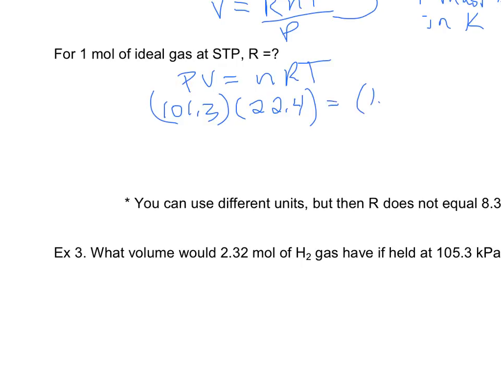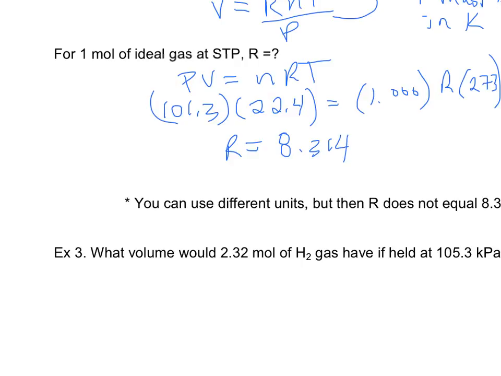By definition, I have a 1 mole sample. Let's get lots of sig digs on this, so we'll put 1.000. We're going to solve for R, and at STP, the temperature is 273. If you rearrange for R, I'm going to figure out what these are equal to times each other, and then divide them by 1 and divide it by 273. R equals 8.314.